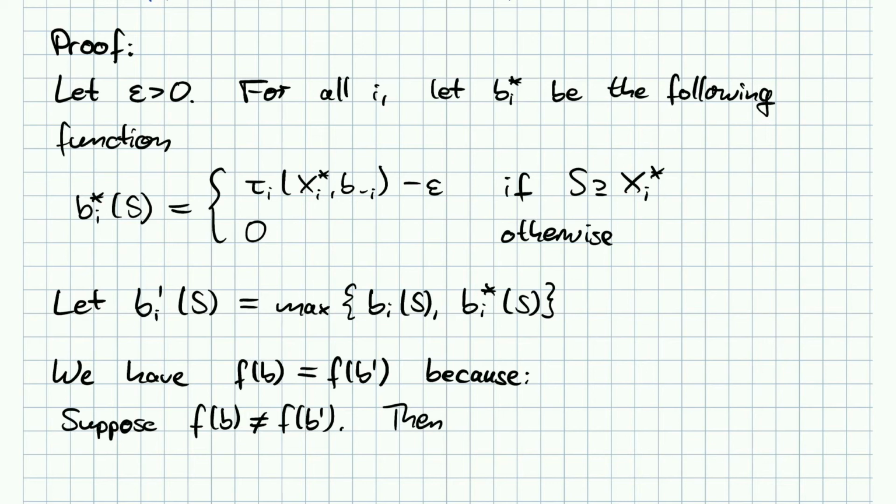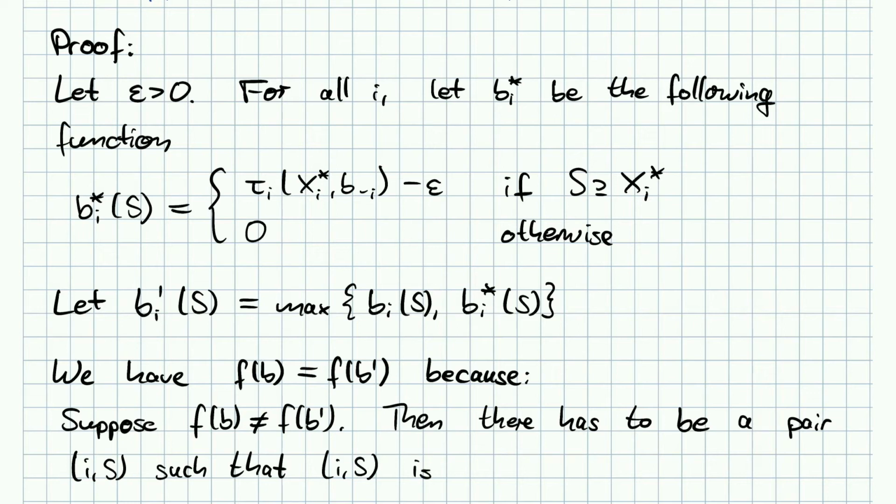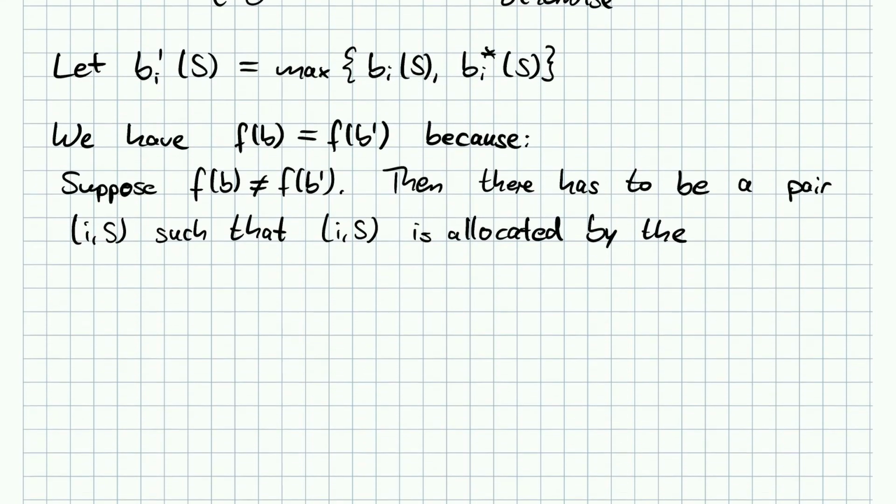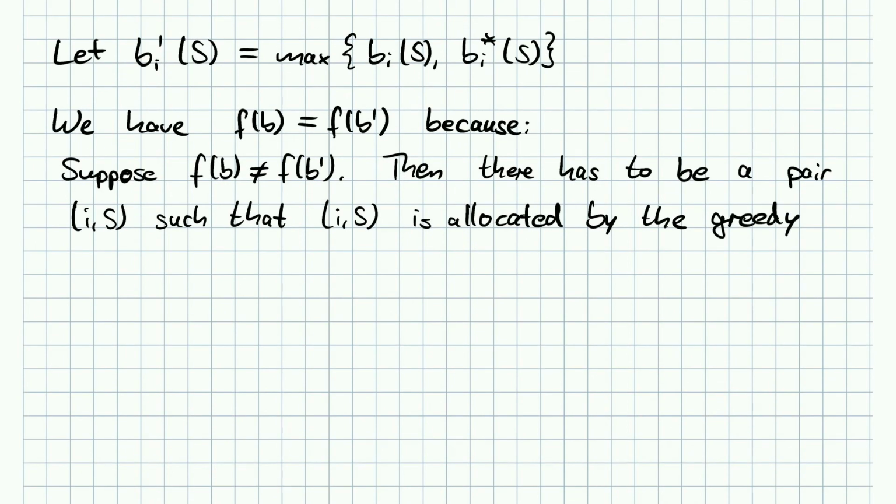Then there has to be a pair (i, S) such that (i, S) is allocated by the greedy algorithm or the greedy mechanism on b prime but not on b, and we consider the first one of these.